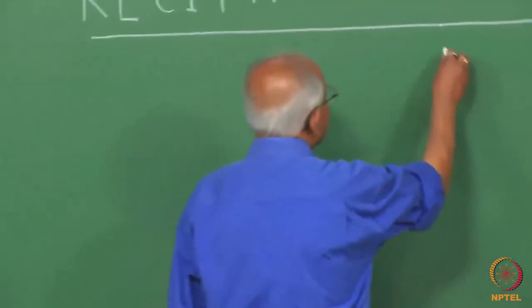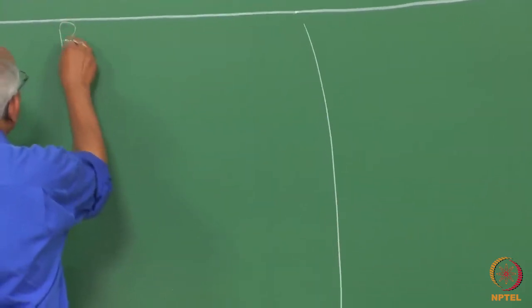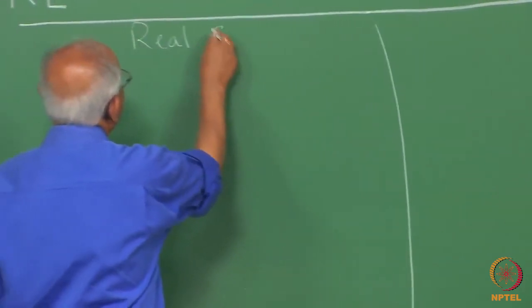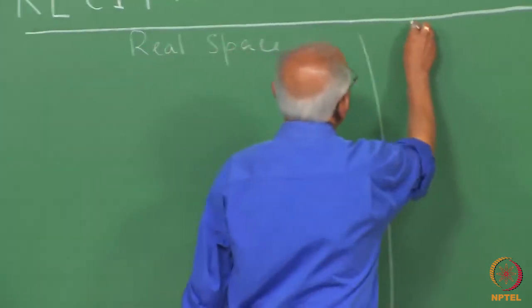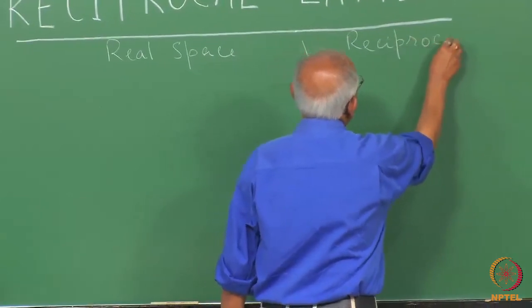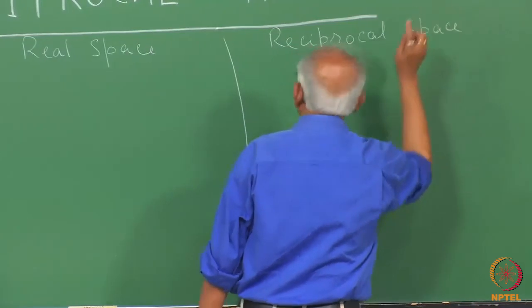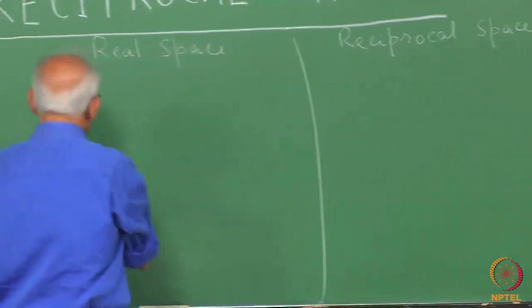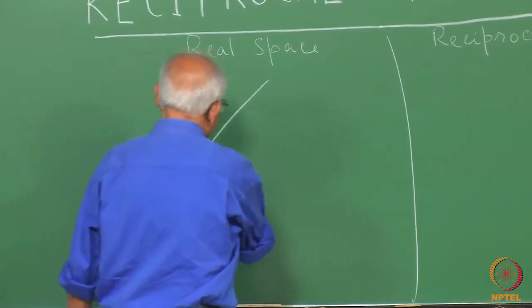We have got a real space, and at the same time we have got a reciprocal space. So, we have got a situation like this.